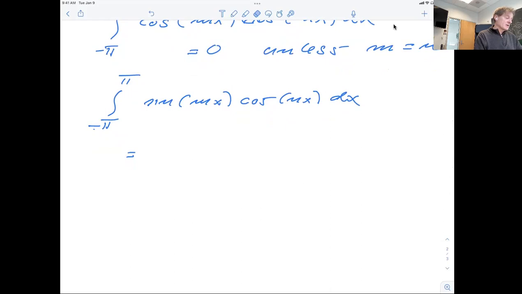Let me just quickly rewrite it by putting m equal to n.